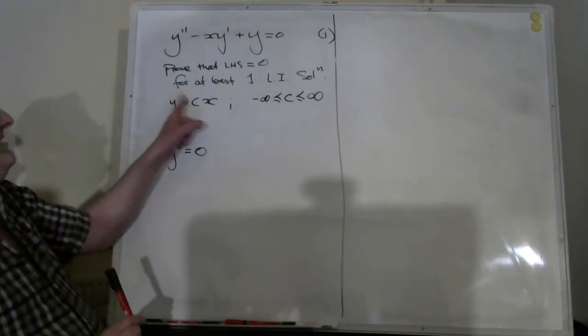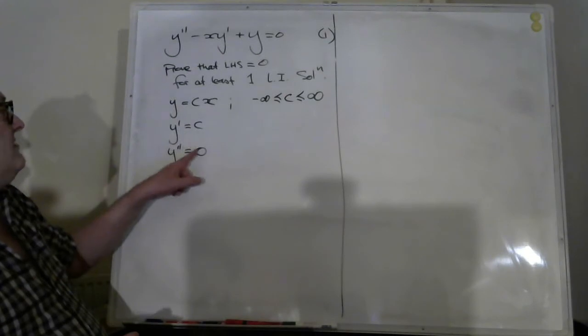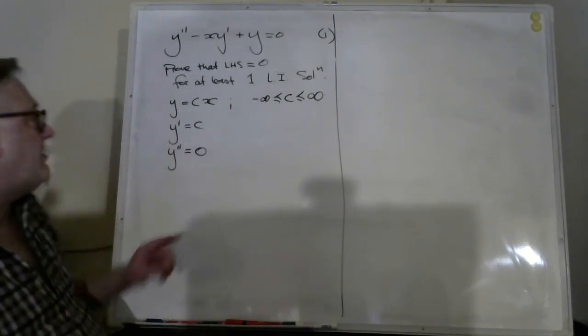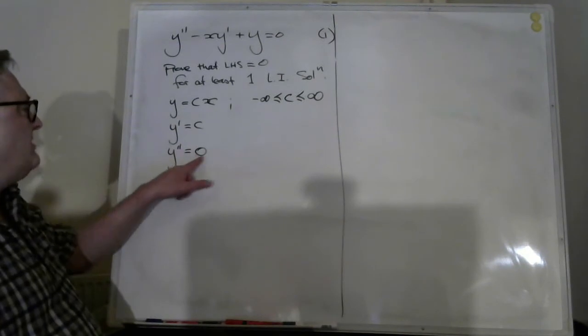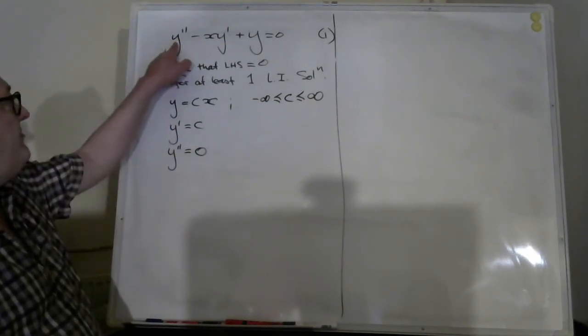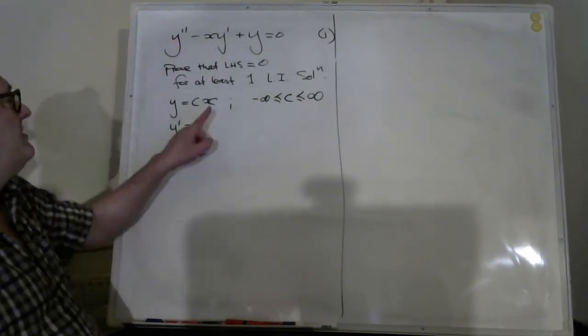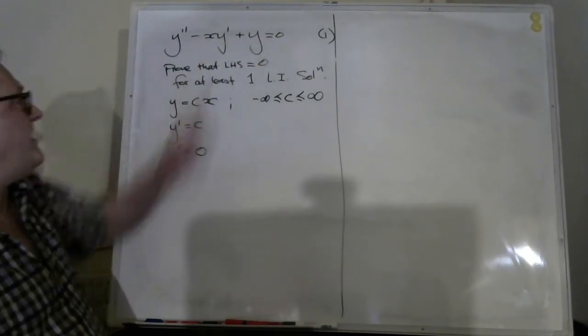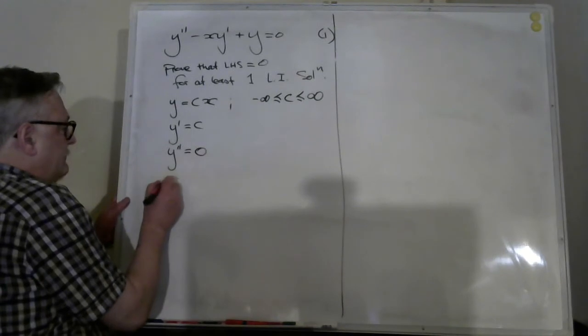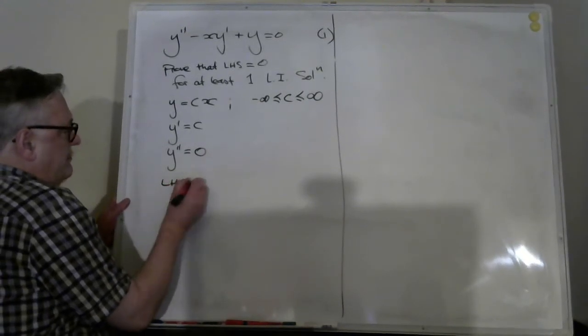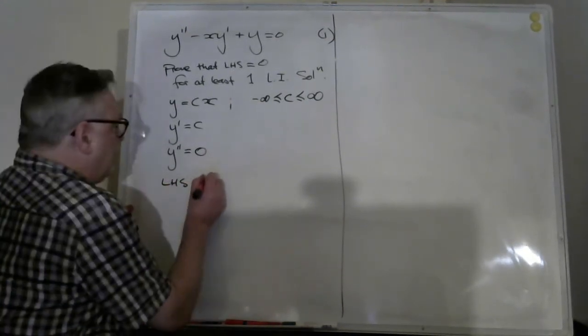And to prove that this is a solution, we substitute, once again, like we did with the constant, y double prime equals 0 there, y prime equals c, and y equals cx. So what we have is the left-hand side is, well, we'll write this equation out again.